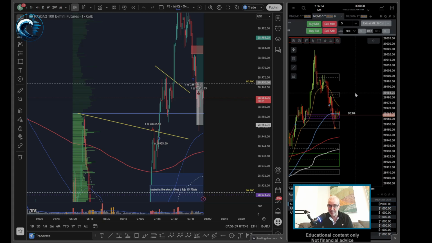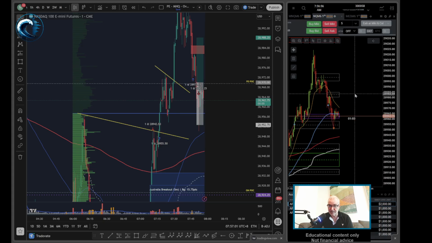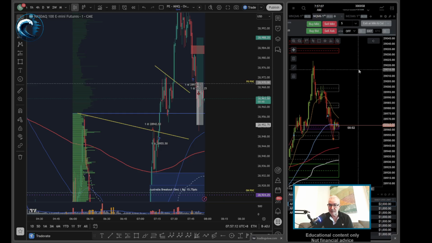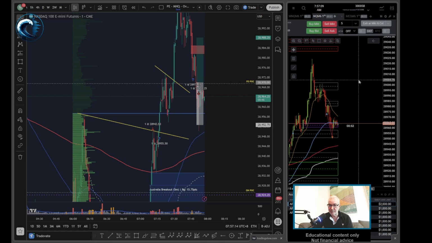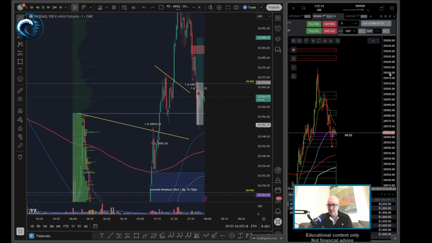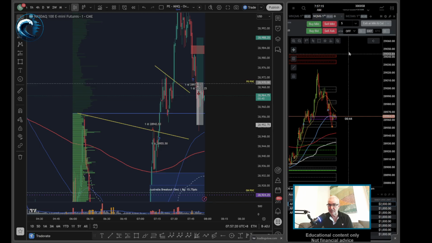It's a bit more obvious when you're on the chart though, whereas here with Tradovate I'm quite often forgetting to take off.